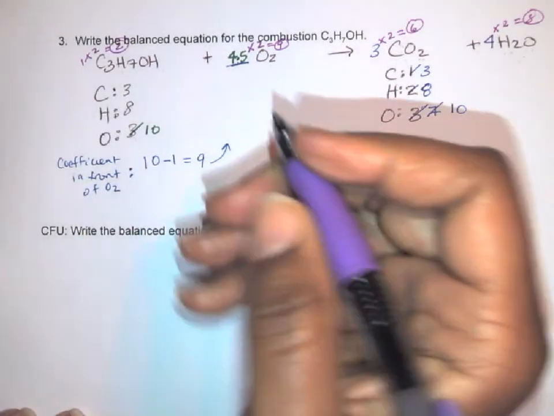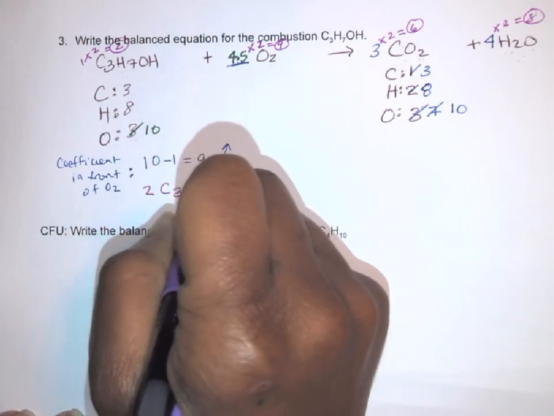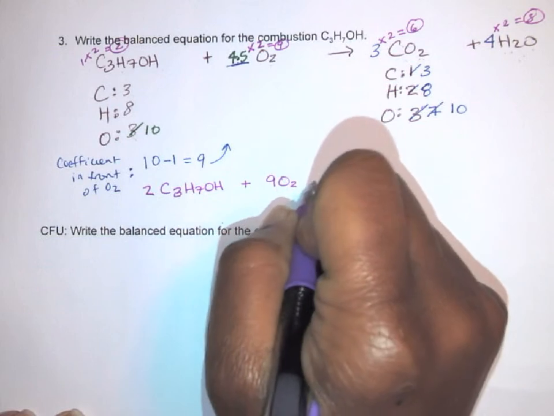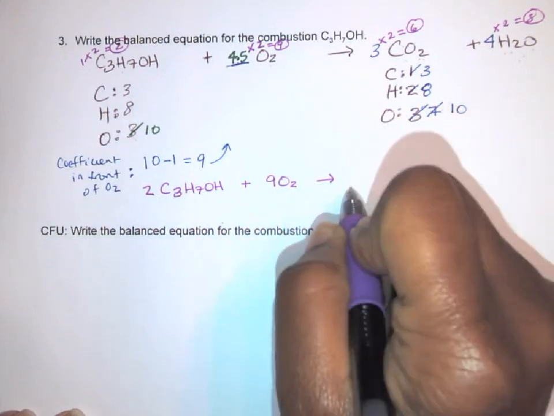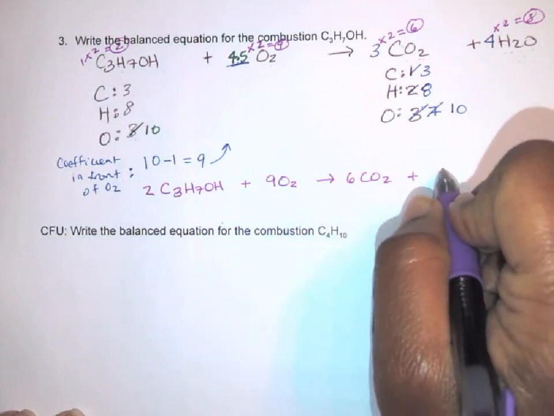Okay, so now I can rewrite this: 2 C3H7OH plus 9 O2 goes to form 6 CO2 and 8 H2O.